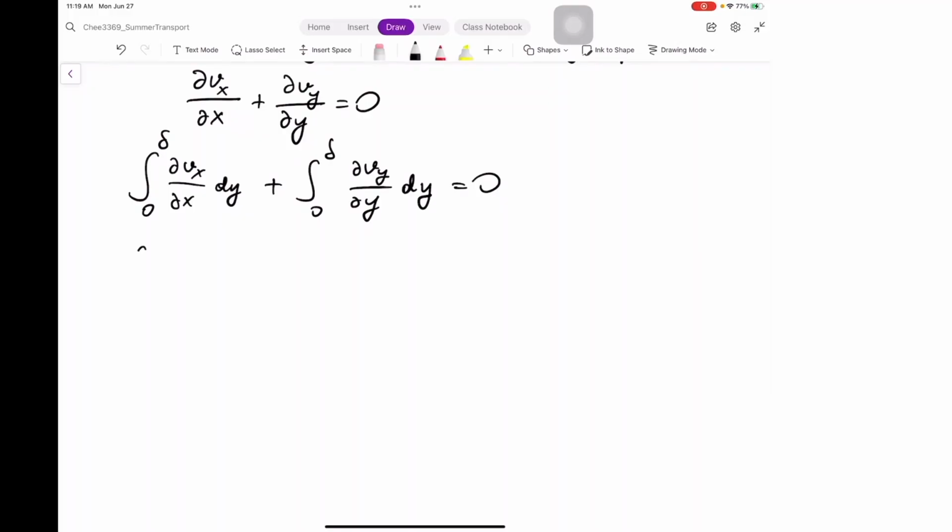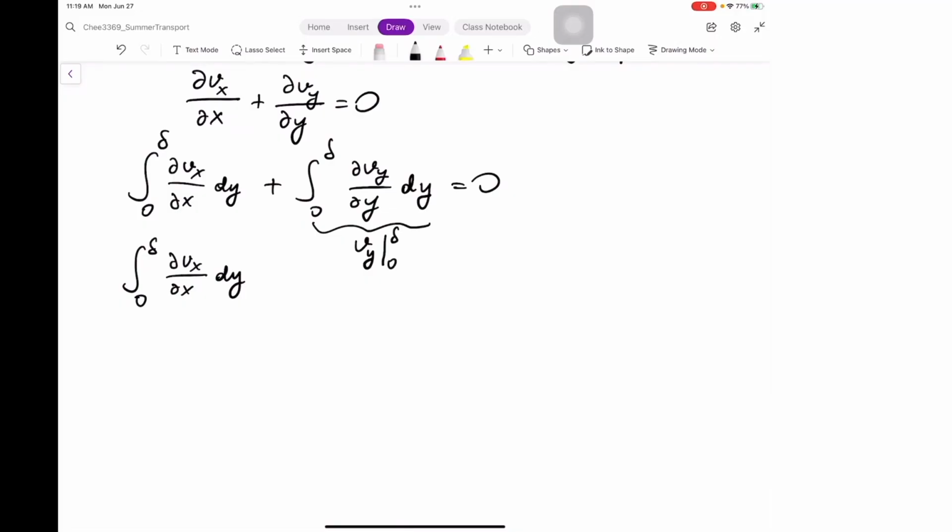And then let's keep this term on the left as the same. But the term on the right hand side is going to be just Vy evaluated at delta minus evaluated at 0.